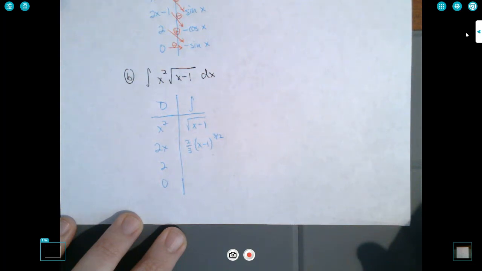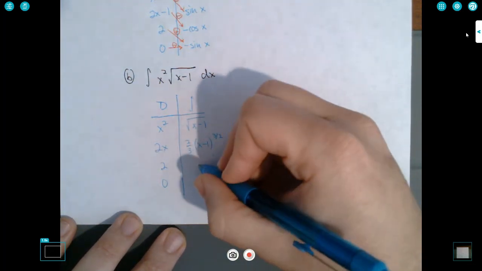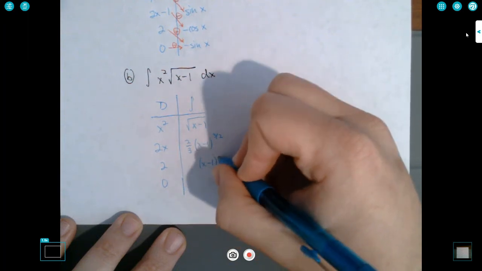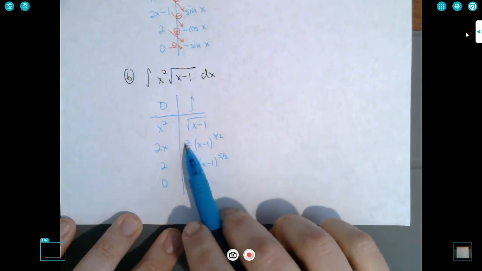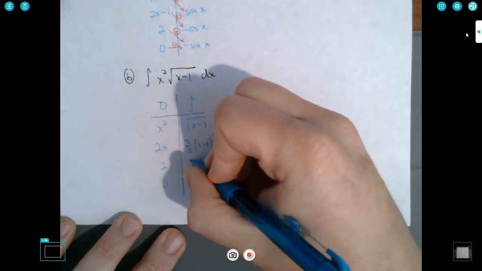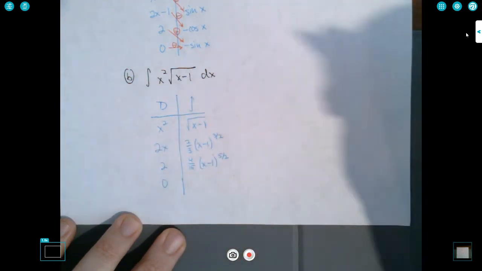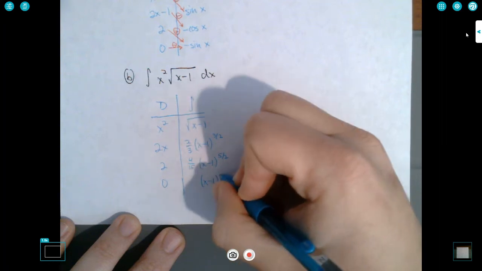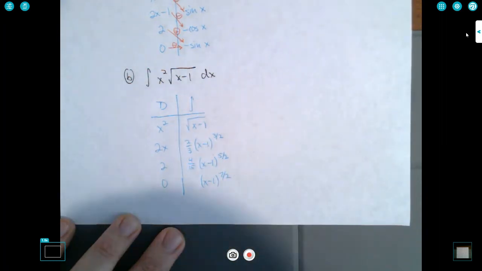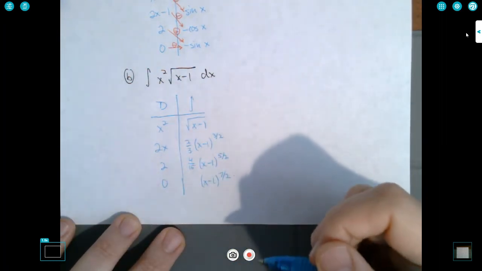Okay? If I do that again, I'm going to get (x minus 1) to the 5/2, and then I'm going to want to multiply 2/5 times 2/3. That's going to give me 4/15. Okay, and then if I do it one more time, I'm going to get (x minus 1) to the 7/2, and then I'm going to want to multiply 2/7 times 4/15.